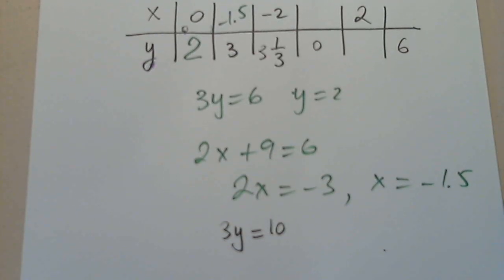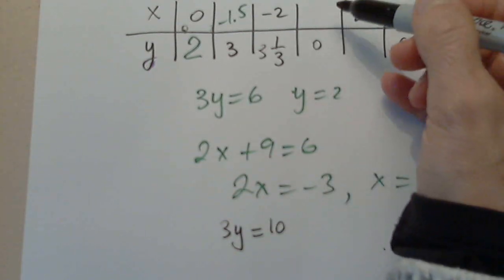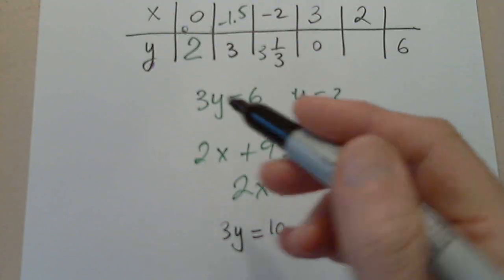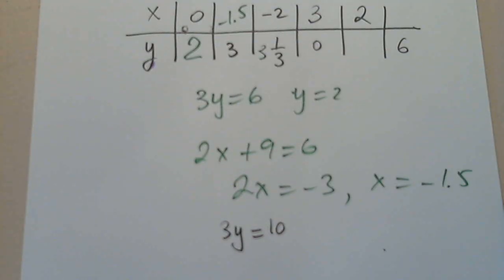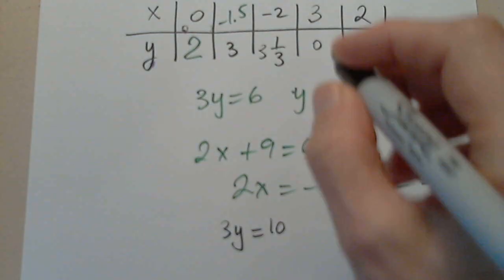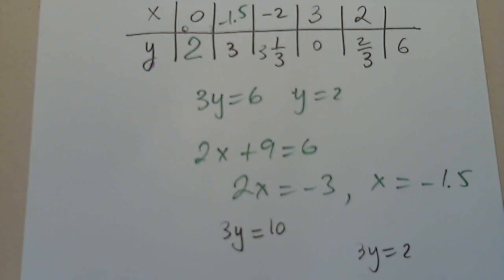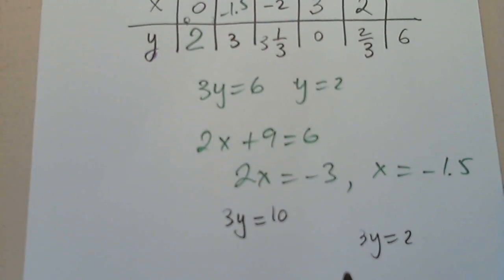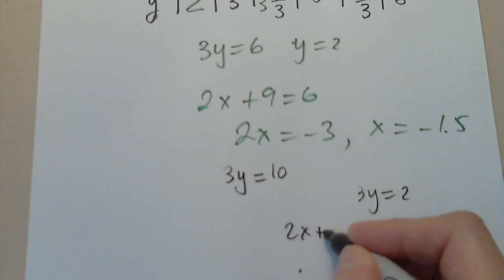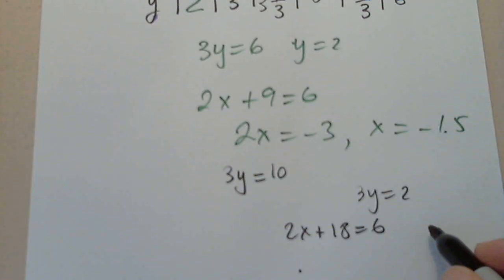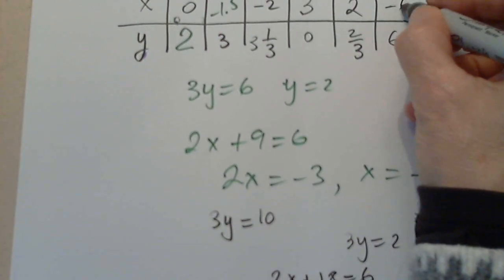Good. When y is 0, how much is x? 3. Good. When x is 2, 3y equals 2, so y is 2/3, I agree. And finally, when y is 6, we have 2x plus 18 equals 6. So -6, I agree with -6.